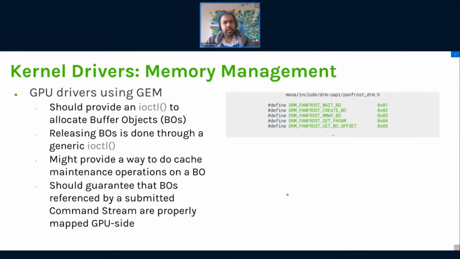They also provide a way to do cache maintenance, and they also guarantee that buffer objects referenced by a GPU job are properly mapped on the GPU side of things. On the right, you'll see a couple of examples of these ioctls. You can see there's one which creates buffer objects, maps buffer objects, and gets the buffer object offset, or the offset in memory, essentially.